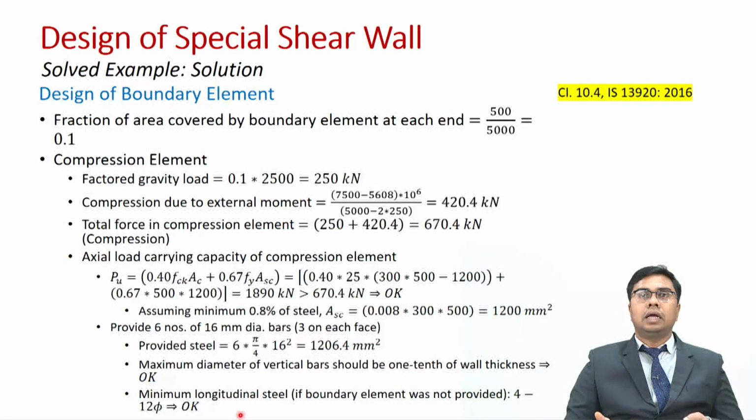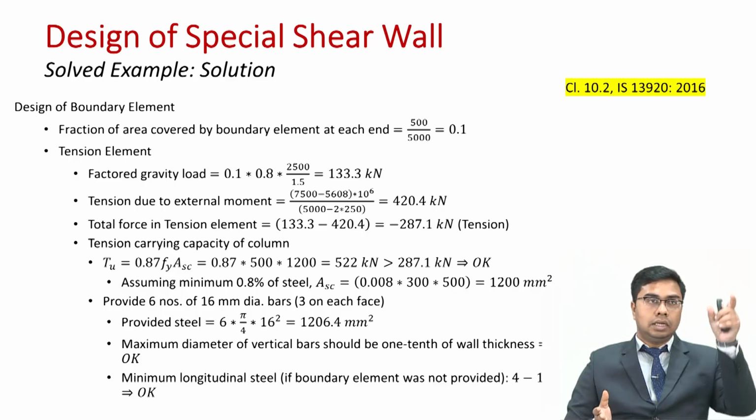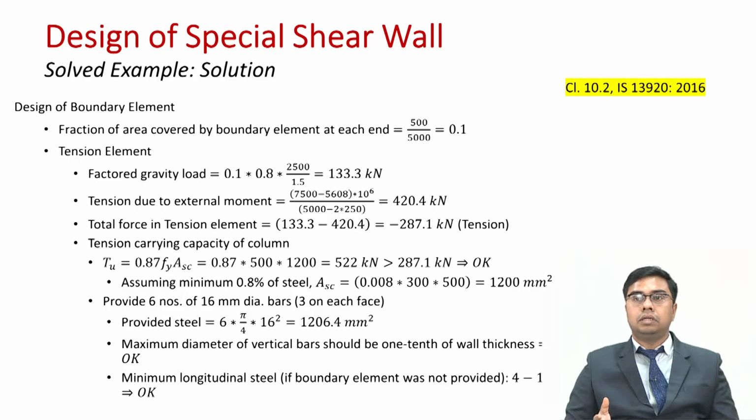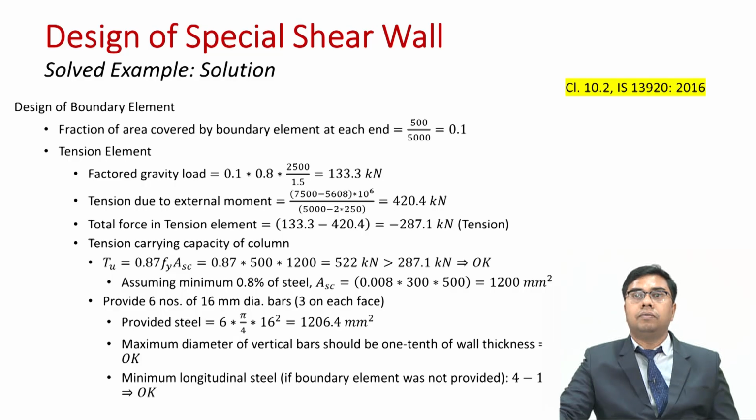Now let us try to check or assess the safety of the tension element. We have the tension element, which is the other boundary element at the other end. In that case, the gravity load will still be compressive in nature. What shall be the gravity load in this case? 0.1 times 0.8 times 2500 divided by 1.5.